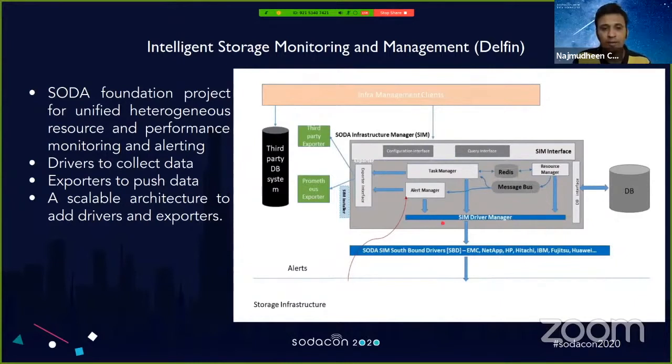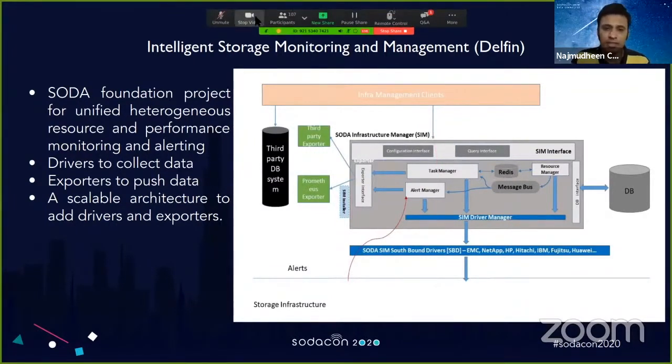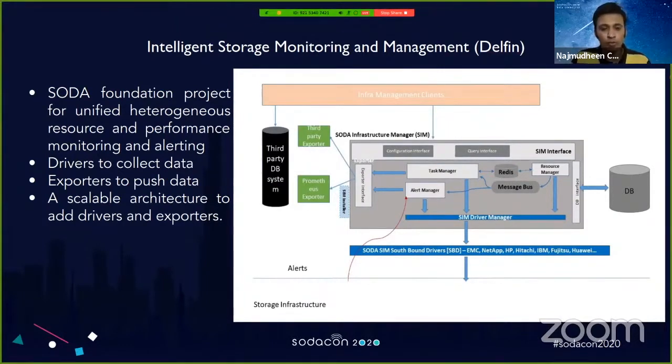The data which is consumed is for different clients, like one could be Prometheus, one could be some other platform like Nagios or Zabbix or any other monitoring platform, right?